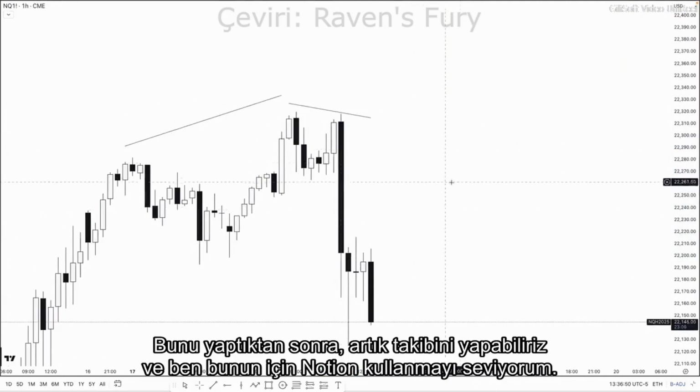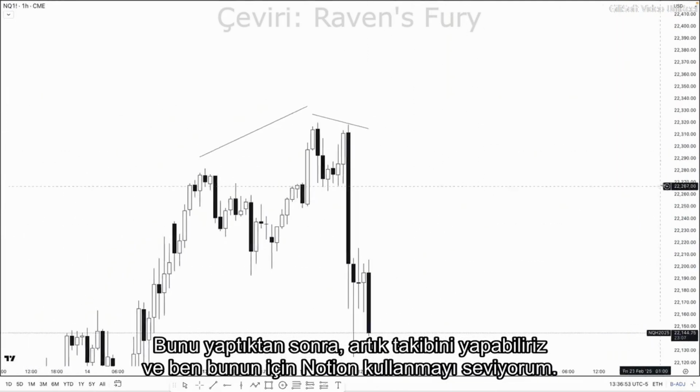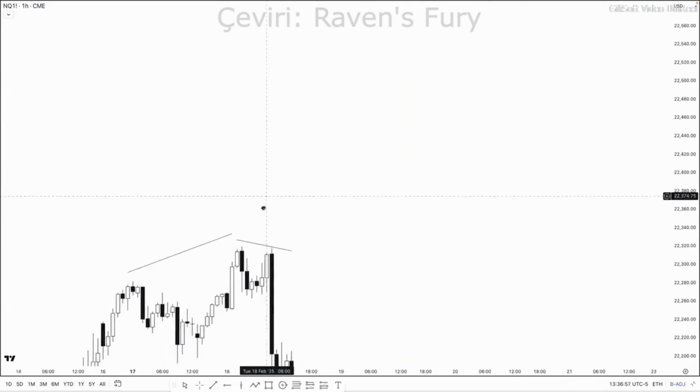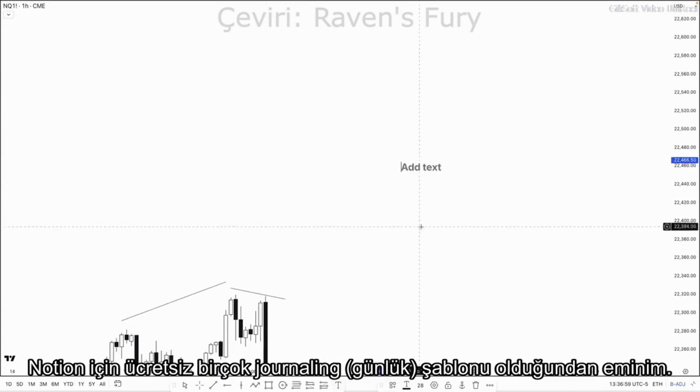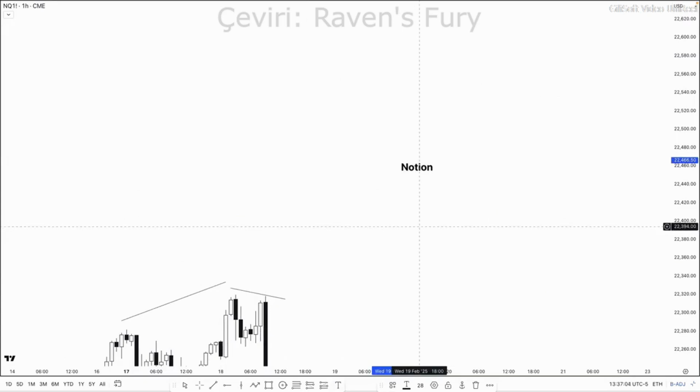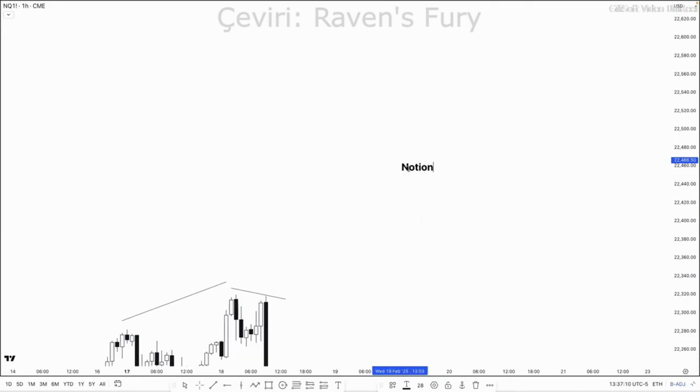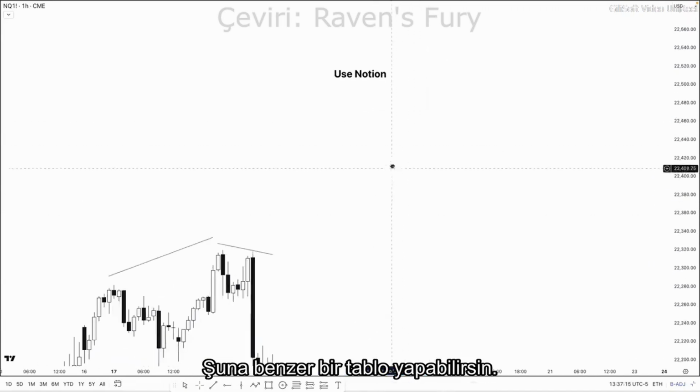And then after we have that, what we can do is we can track it. Okay, and I like to use Notion, and I'm sure there are plenty of free journaling templates for Notion. Okay, but all you need to be tracking, you can make a simple table. You can make a table that looks something like this.